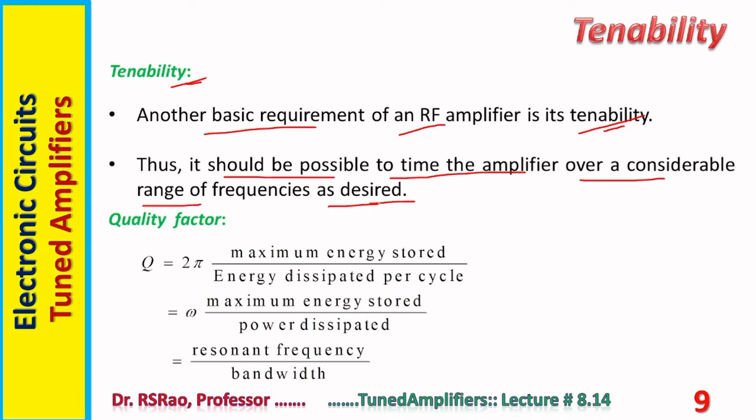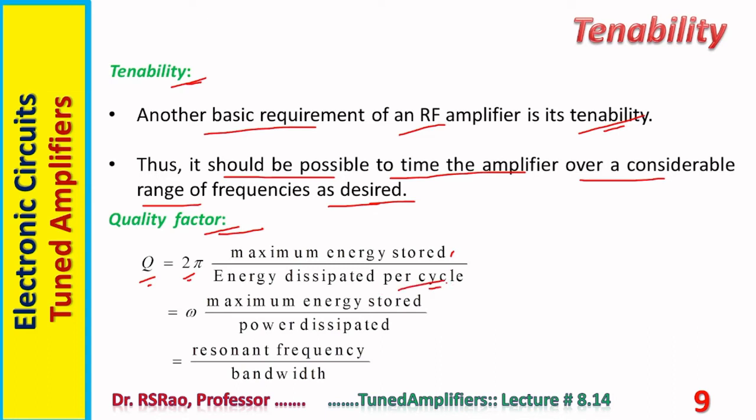frequency band without drift. Another parameter we encounter frequently in the study of tuned amplifiers is quality factor. Its symbol is Q. Q is the symbol for quality factor. The definition is 2 pi multiplied by maximum energy stored over energy dissipated per cycle.